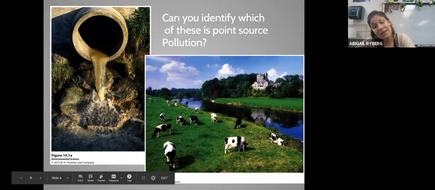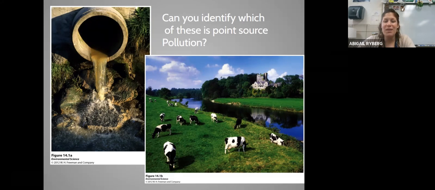And then on the right side here, I'm going to call this livestock a non-point source because their poop, although yes, we could say it is naturally occurring, the animals that live in this river are not adapted to live in a river that is totally flooded with cow poop constantly.